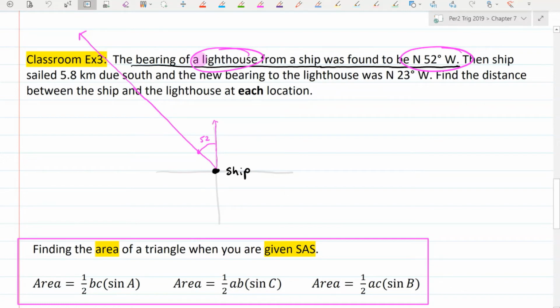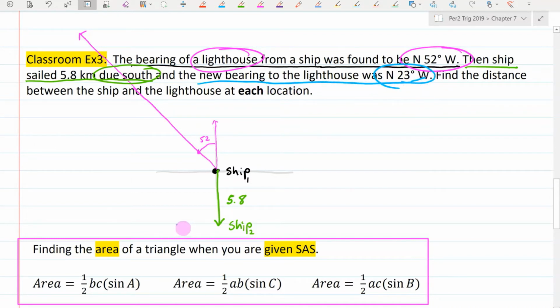Then it says the ship then sailed 5.8 kilometers due south. Due south means exactly south. So the ship has now gone south 5.8 kilometers, and now the ship is here. So I'm putting 2 for the second place the ship is. So the ship started here, now it's moving south. And now the new bearing to the lighthouse is north 23 west.